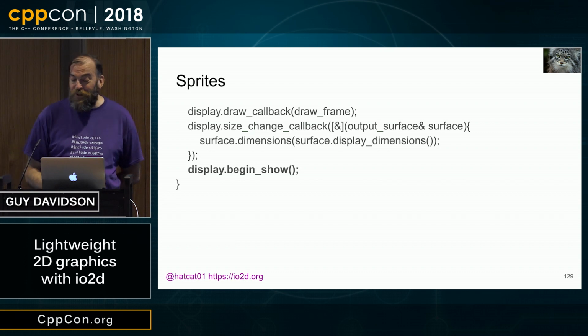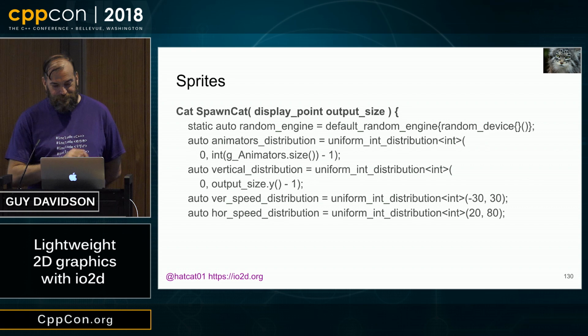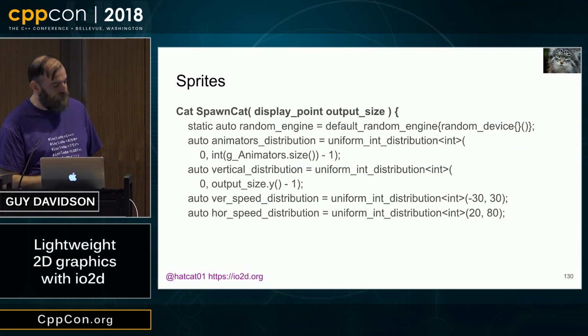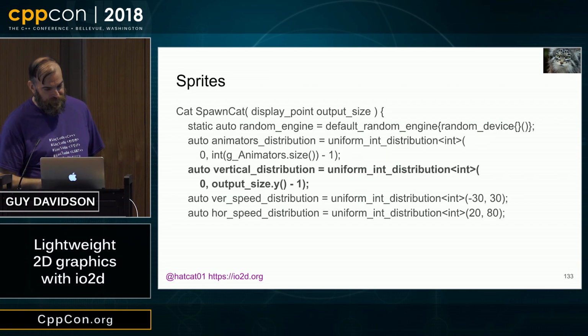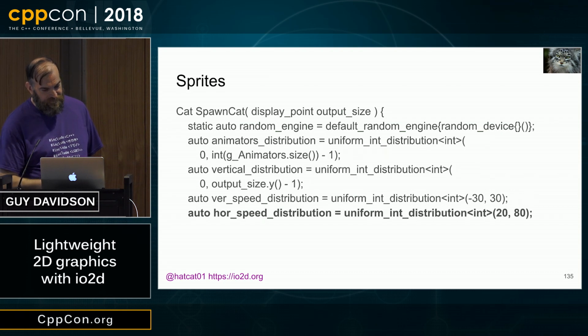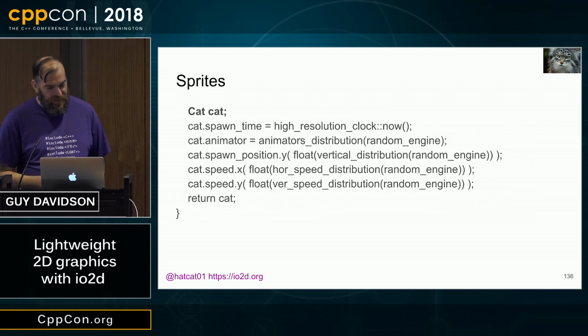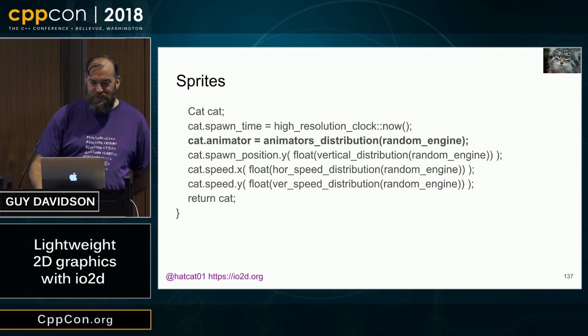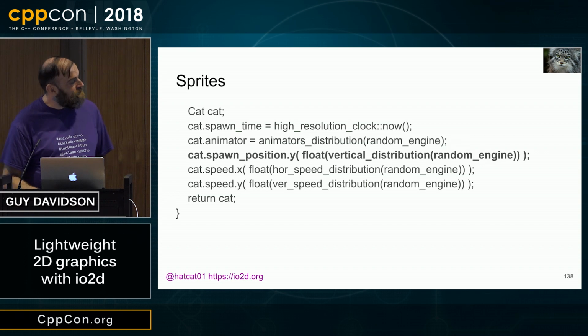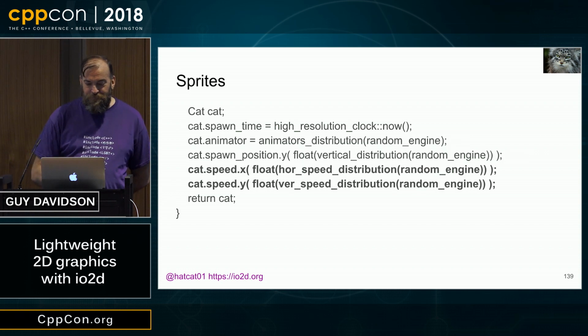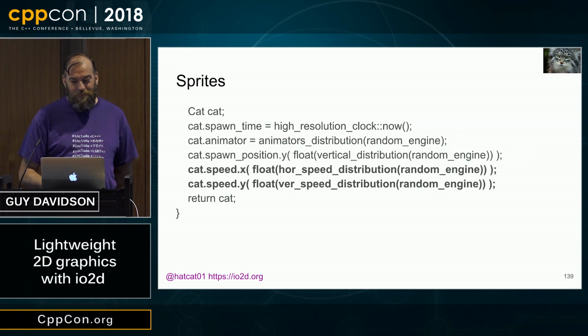So we have three functions to look at: is visible, spawn cat, and draw. Let's look at spawn cat first. We make some random distributions. And then we create a cat object, initialize it, and you'll see a random animation strategy is being chosen, and a random Y position, and a random X speed, and a random Y speed.